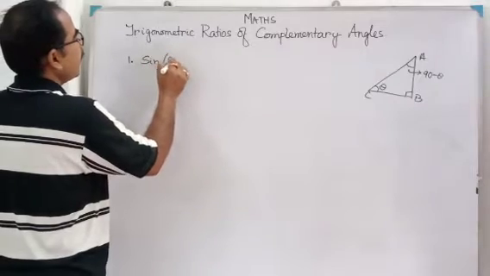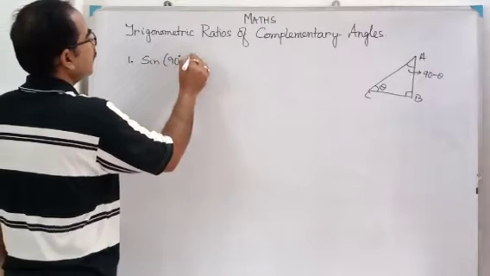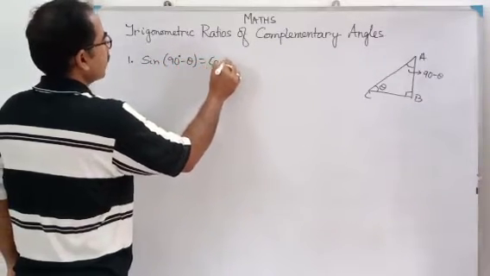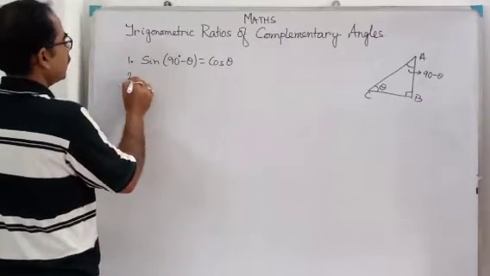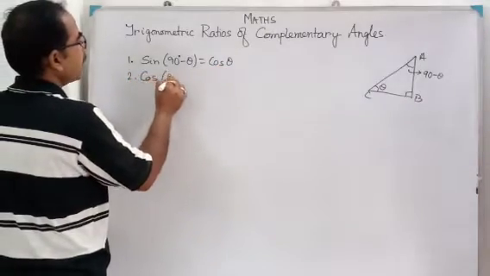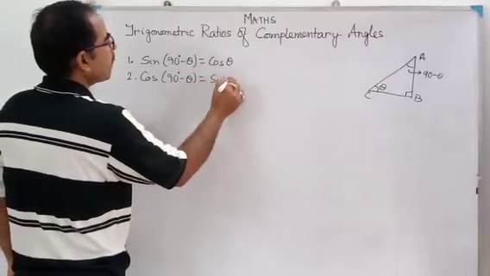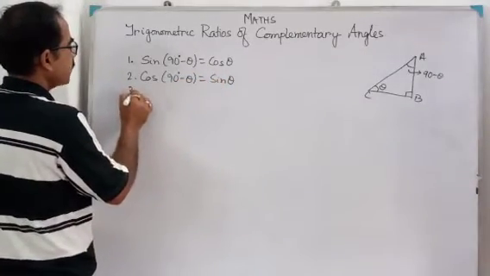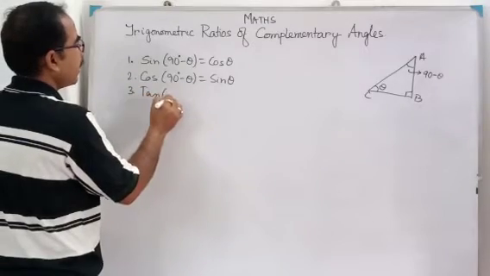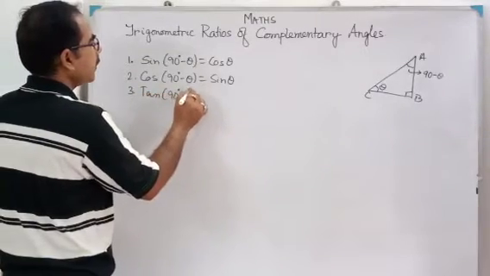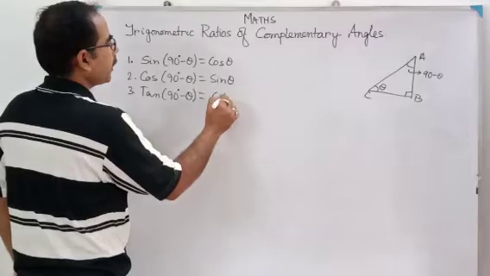Suppose sine 90 degree minus theta, that gives you cos theta. Cos 90 degree minus theta gives you sin theta. Okay. Next, tan 90 degree minus theta will be cot theta.